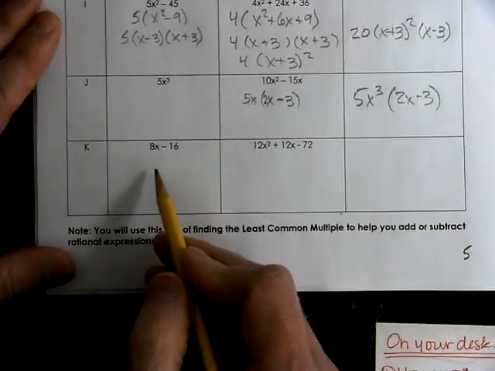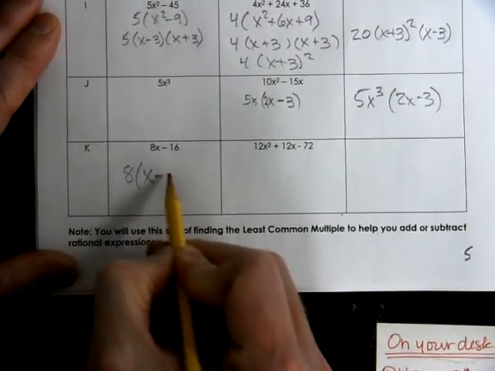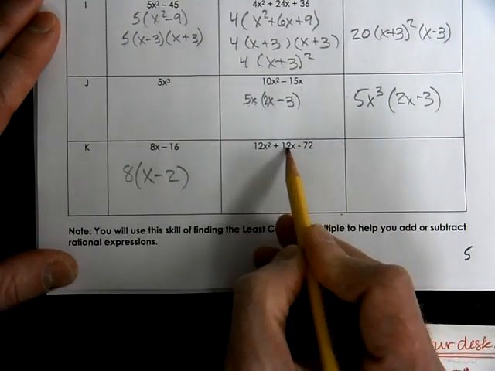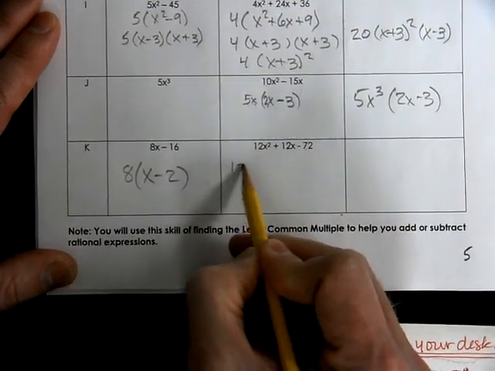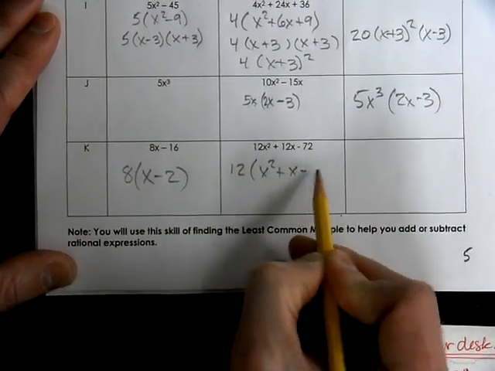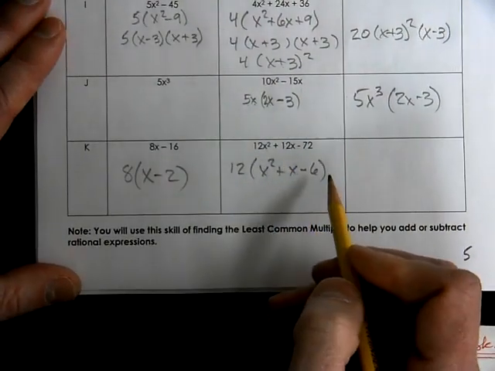For our last one, we can factor out the 8. That leaves us x minus 2. And in this side, we can factor a 12 out of this. And this trinomial can be factored again.